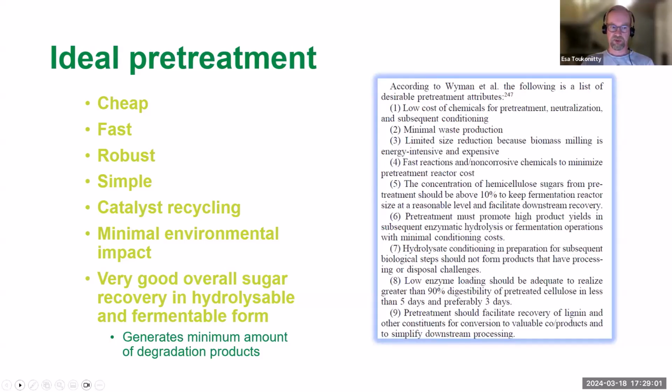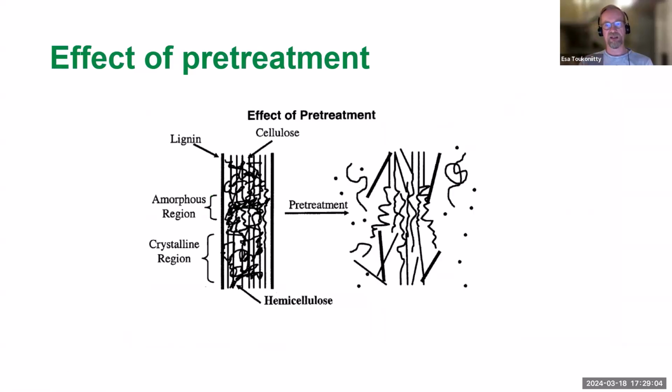I think the effect or the aim in the pre-treatment is this left-hand picture I have showed you. It's again from the course textbook, but it shows the structure of lignocellulosic material. We had a few similar pictures of this earlier. So there are the lignin filaments, there are cellulose parts and also hemicellulose, tightly bound to each other.